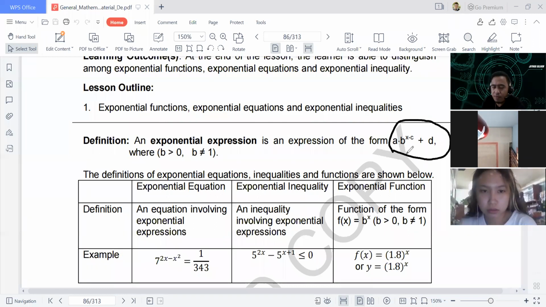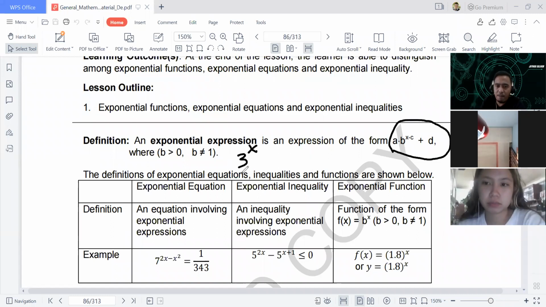Again, of this form: A times B to the X minus C, plus D, wherein A, B, C, and D here are any constants. Okay? One example for this is 3 raised to the power of X. This is an exponential expression.